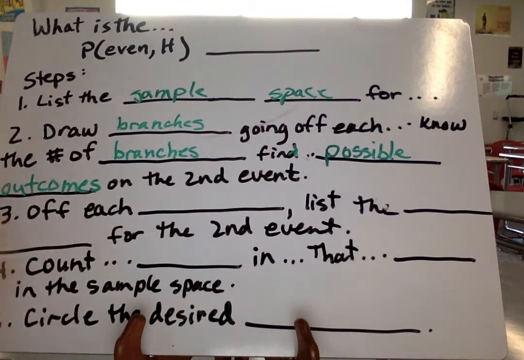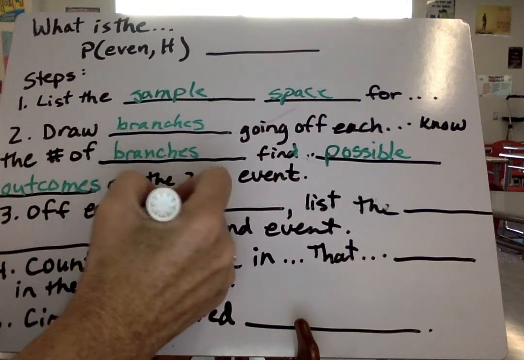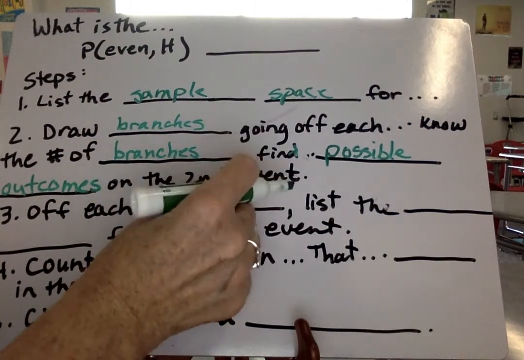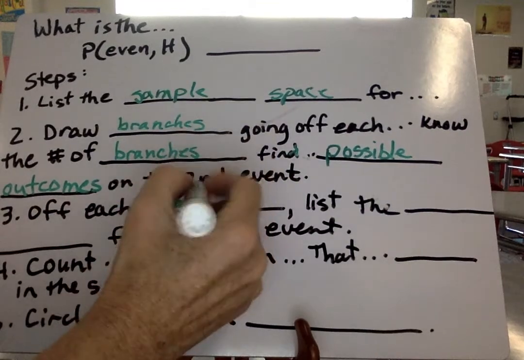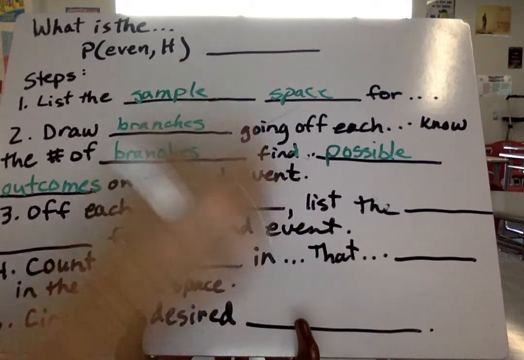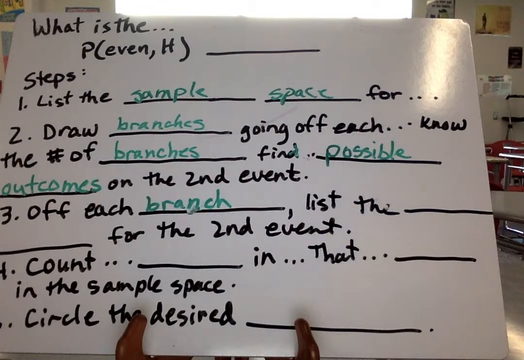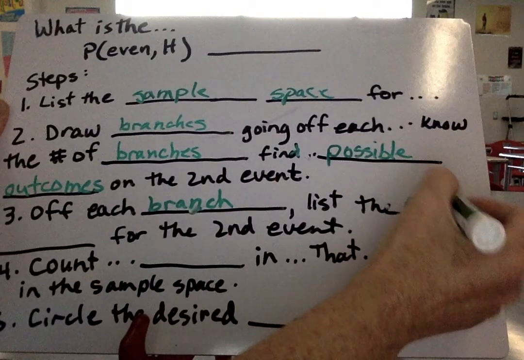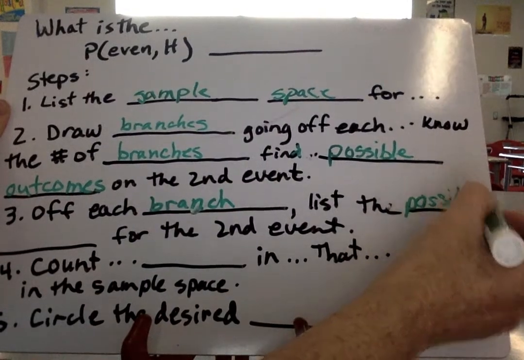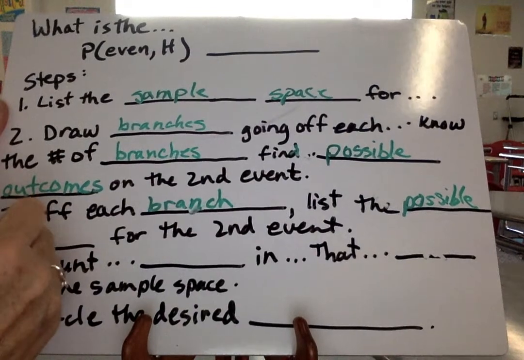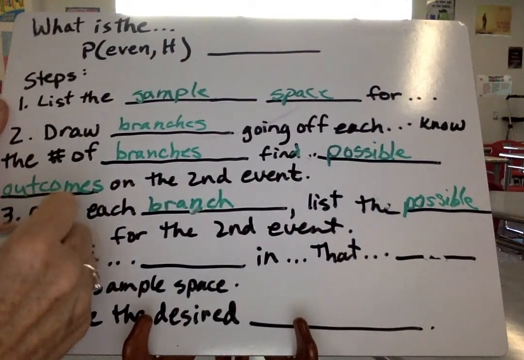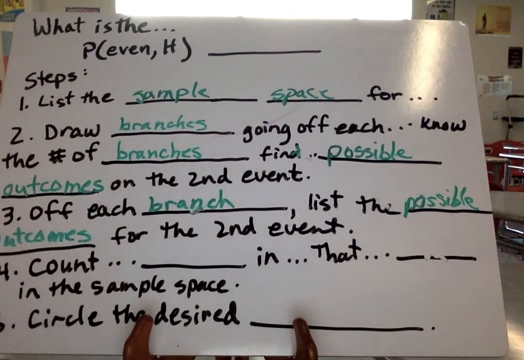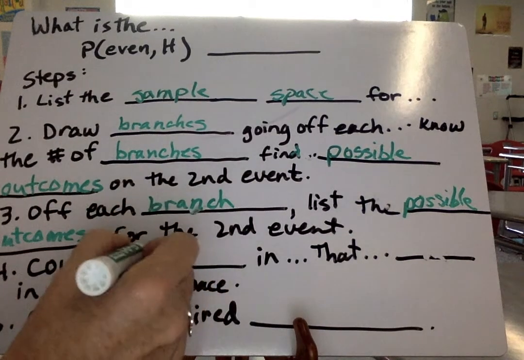Okay, off each branch, list the possible outcomes for the second event. Number 4, count up all the outcomes in the last row.